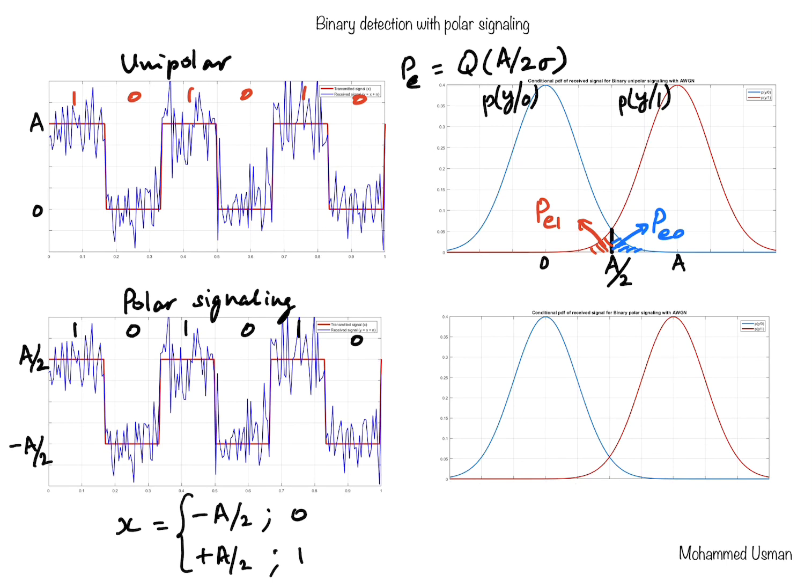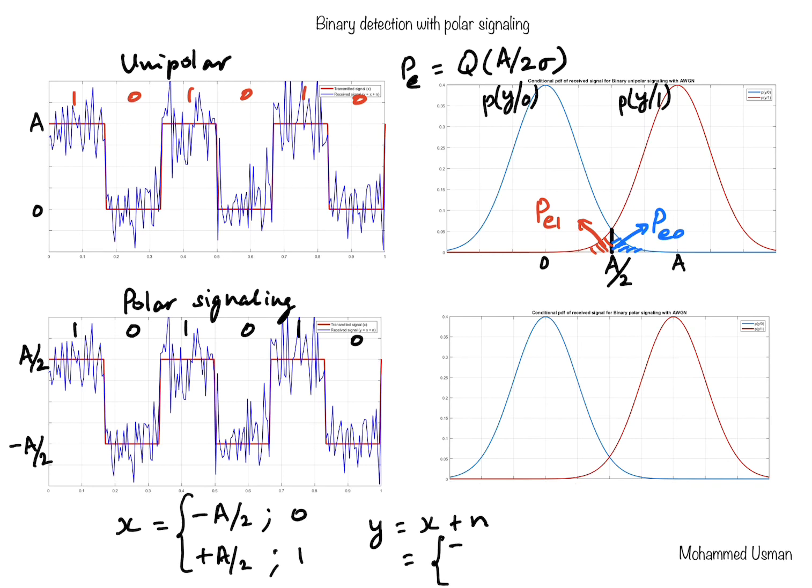The received signal y is equal to the transmitted signal plus noise. x can take on two different values.